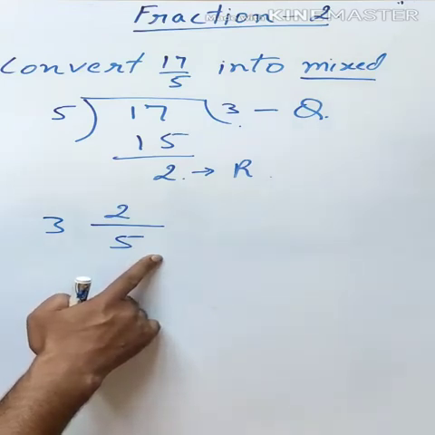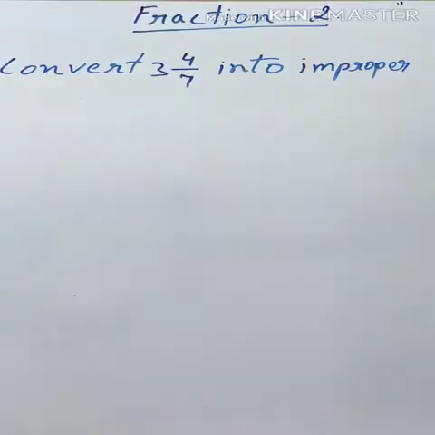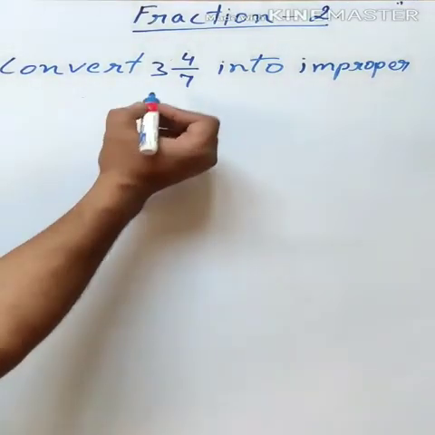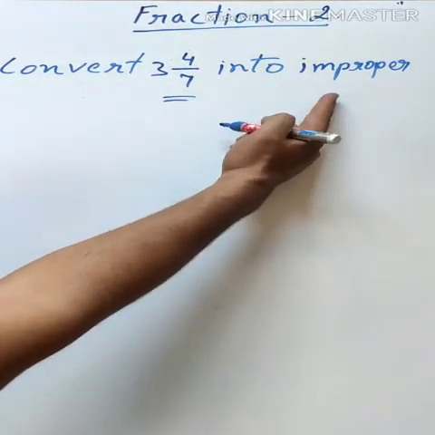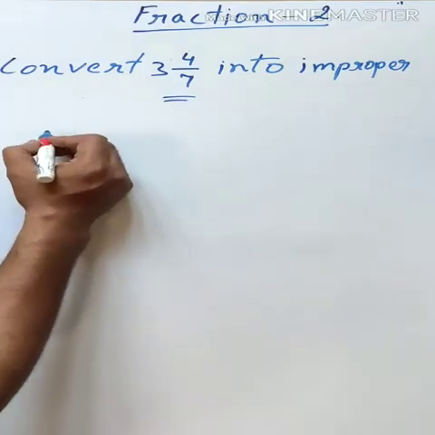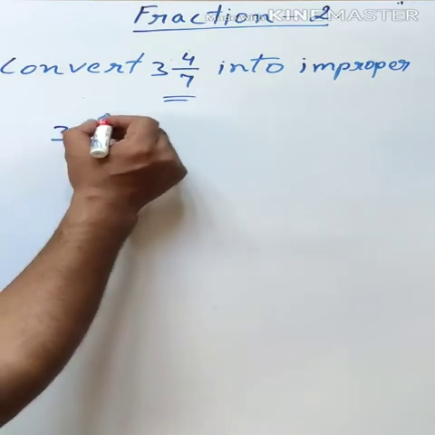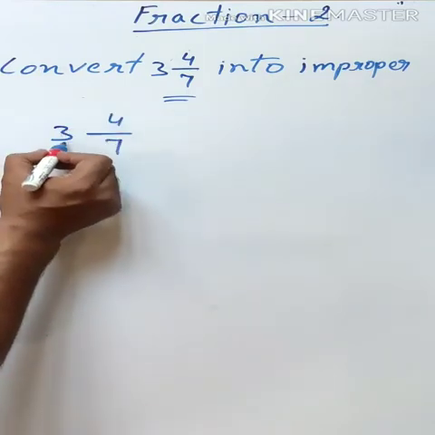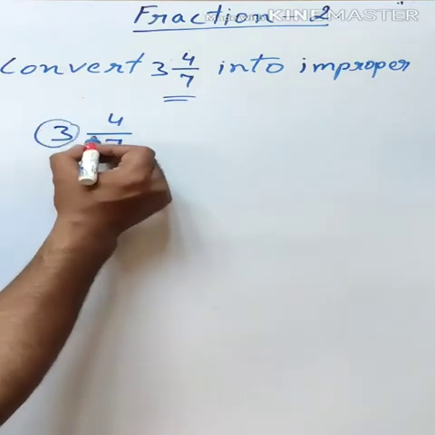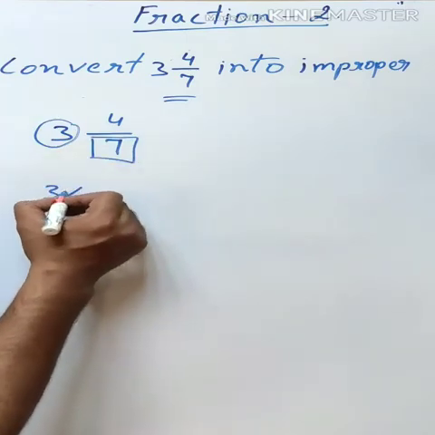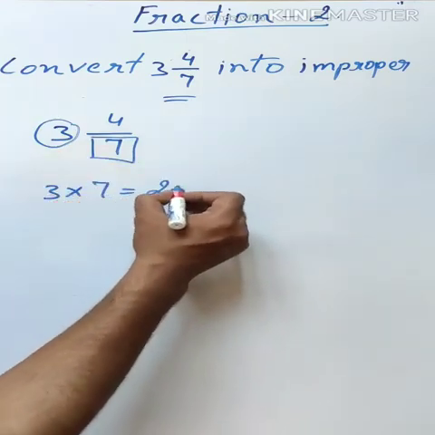Now we have to convert a mixed fraction into improper form. So how do we convert? Just the reverse process of the division. So 3 whole 4 upon 7. So this 3 and this 7 get multiplied. 3 into 7, that is 21.